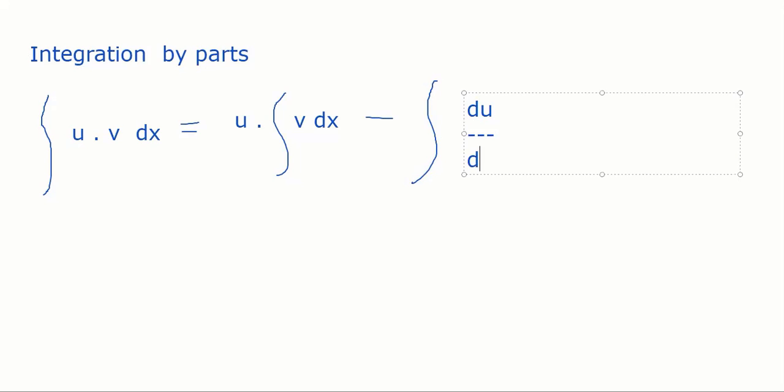That's why it becomes complex. Integration of the differentiation of the first function into again the integration of the second function. That's why it looks more difficult.